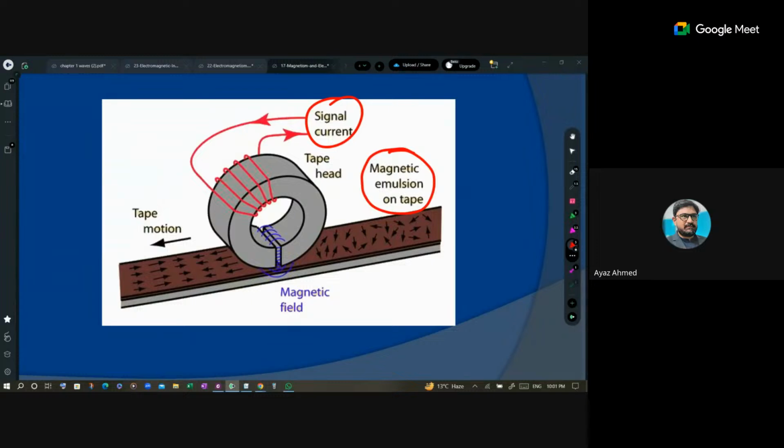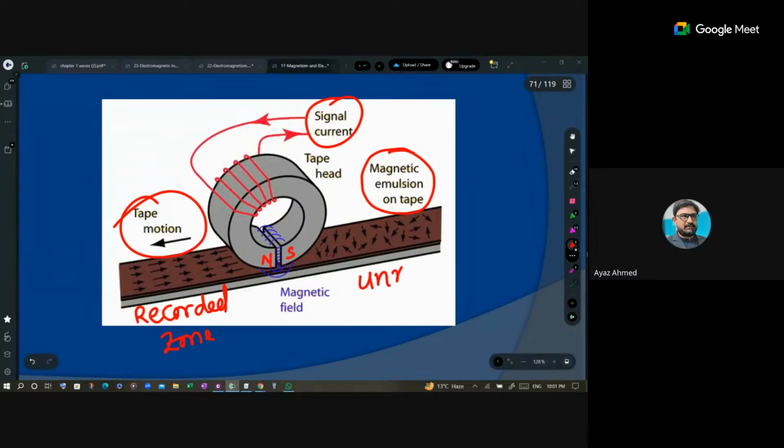Tape head is nothing but a coil, so it releases the magnetic field lines over here. It is its north, it is its south. So due to that, this is the tape motion. This is the recorded zone, and the remaining part coming behind is unrecorded yet.